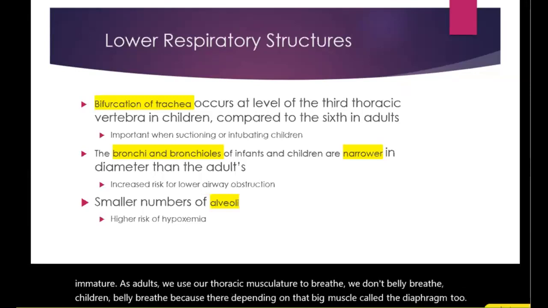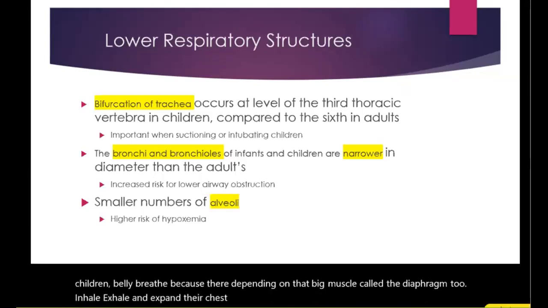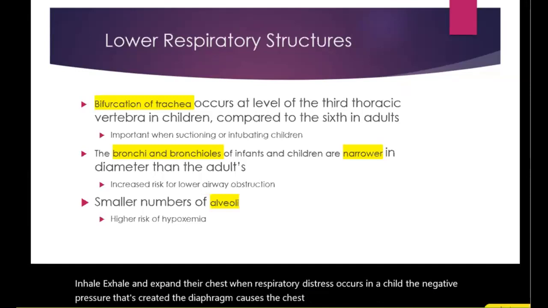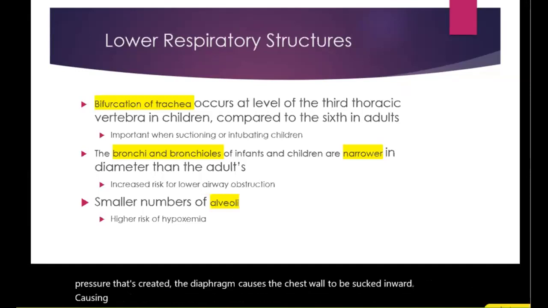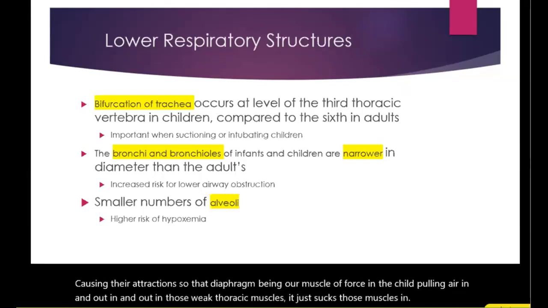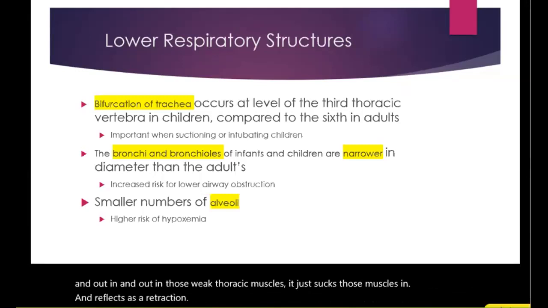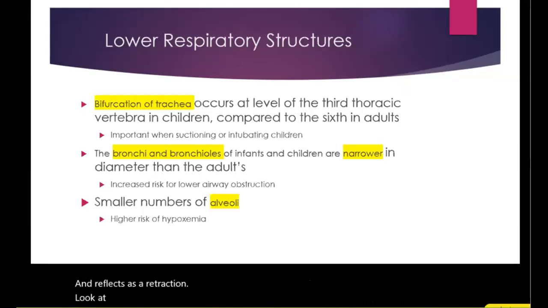Then also, like we mentioned, the bronchi and the bronchioles are narrower, just like the nares, nasopharynx, and oropharynx are narrower, making them high risk for airway obstruction, not only upper but also lower. Lower airway, guys, means in the chest, in the lungs.